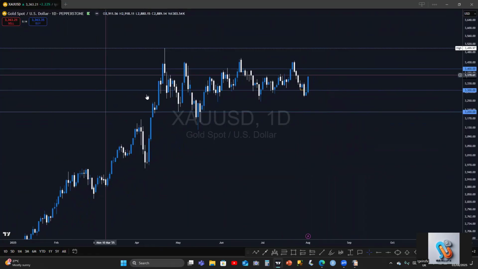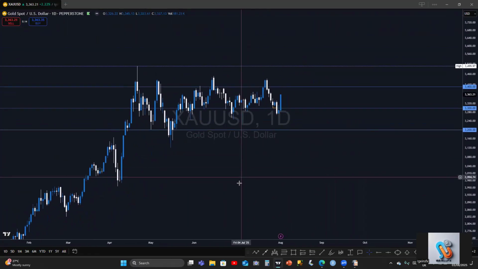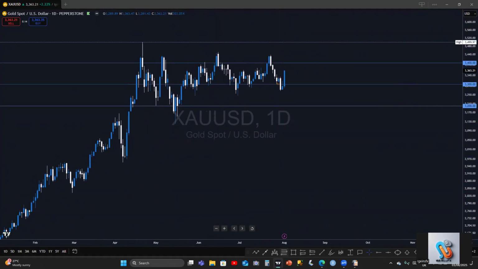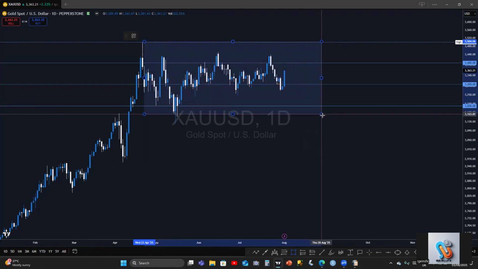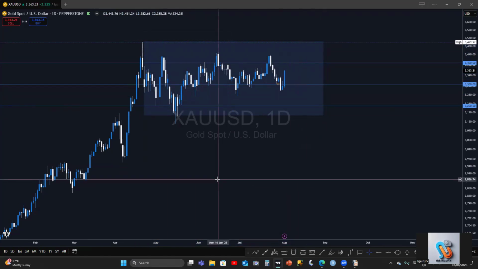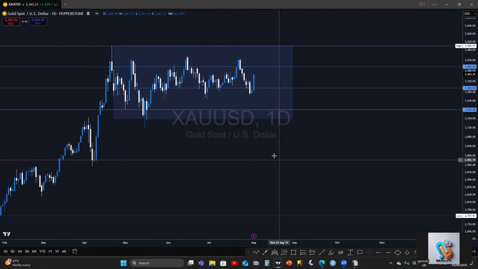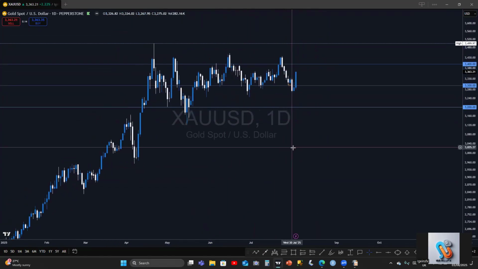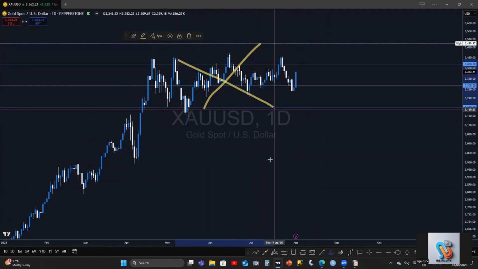This is a daily time frame, and we can see that we have been bullish until price now stalled here, and you can see that it's just going sideways. And what we should be expecting next is for price action to break down this level.